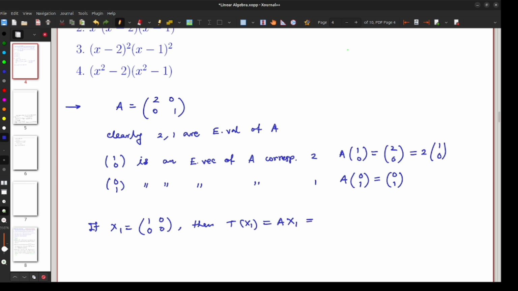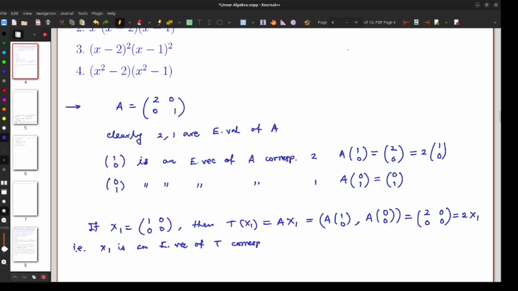The first column of this product will be A times 1 0 and the second column will be A times 0 0, and this is 2 0 0 0, and we can write it as 2 x1. So this means x1 is an eigenvector of T corresponding to the eigenvalue 2.